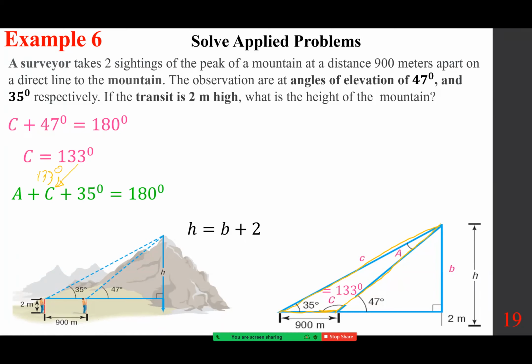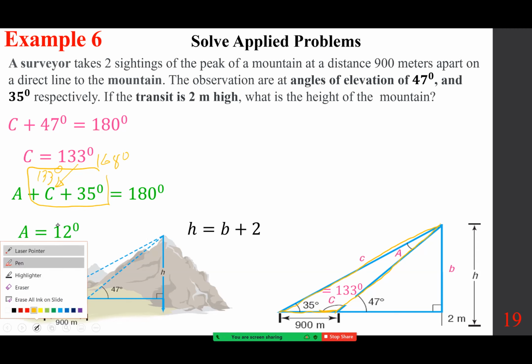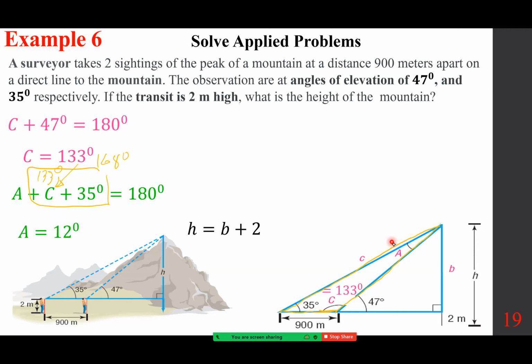So they add up to 168 degrees. Subtracted from 180, we get 12 degrees. So uppercase A, in this case, this angle, this one is 12 degrees.